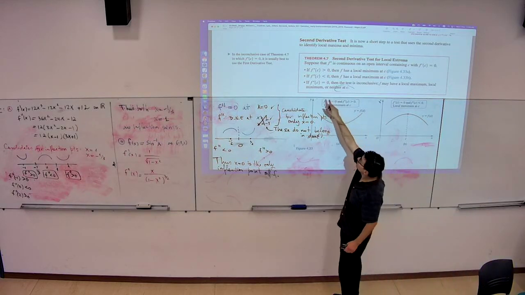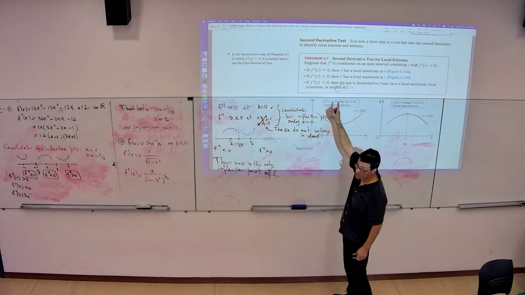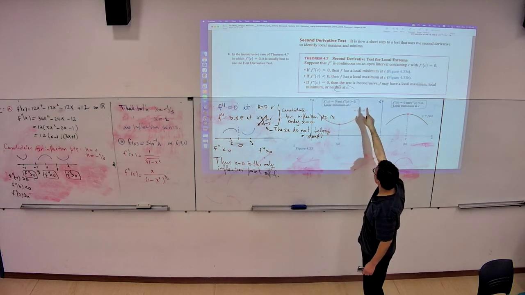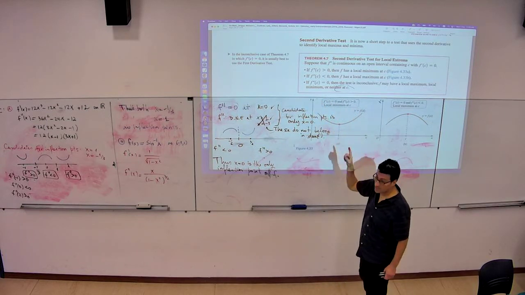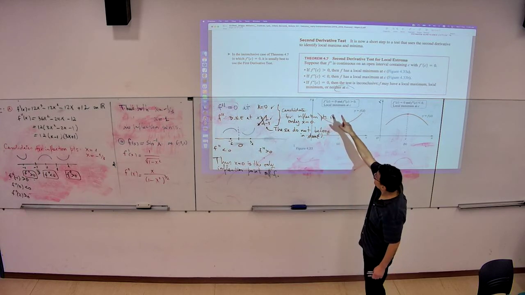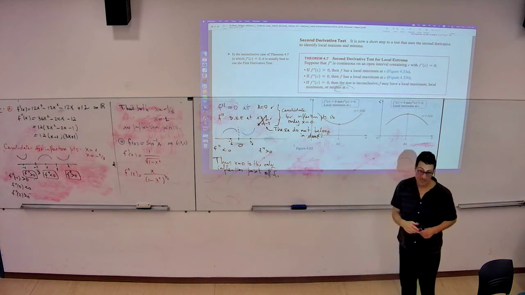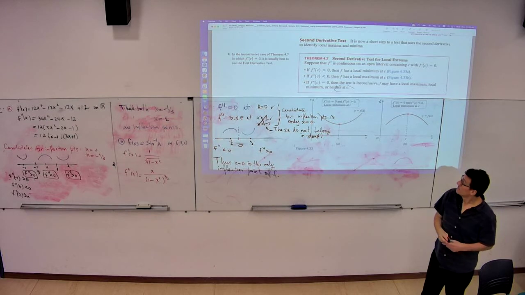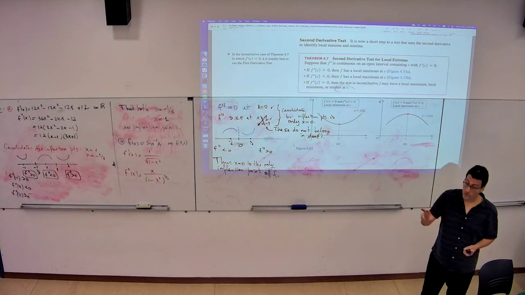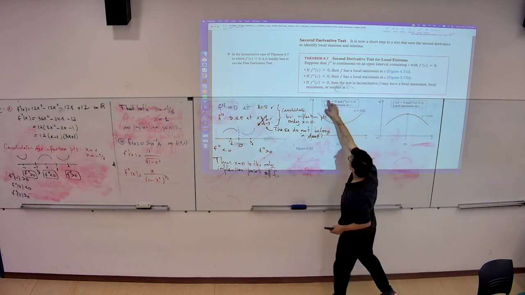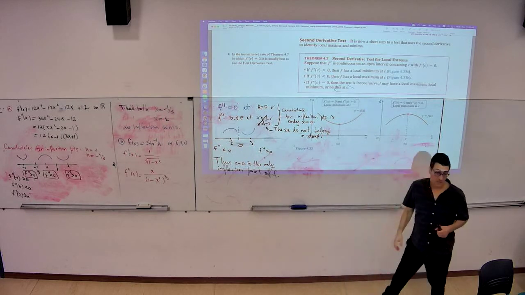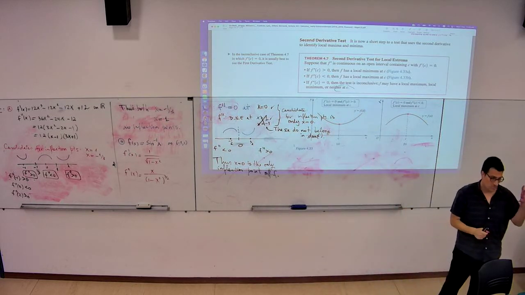If the second derivative at a point c is positive, then the function has a local minimum at c. If the second derivative is negative, then the function has a local maximum. And if the second derivative at the point is equal to 0, then the test is inconclusive. You can't tell whether you have a min or a max at that point.